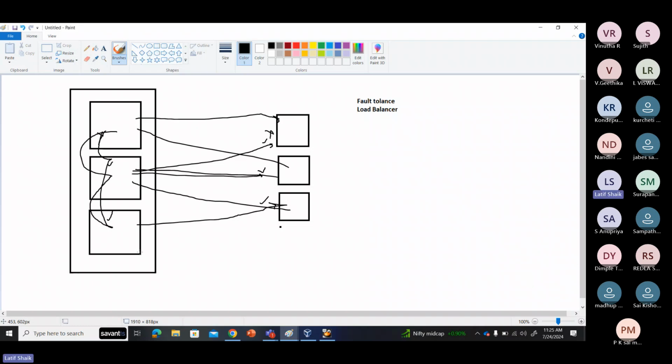So what is fault tolerance? Whenever one of the servers is down, another server provides the service. One is active, another is standby. One server is down, the other server becomes active and provides the service. That is fault tolerance. And what is load balance?